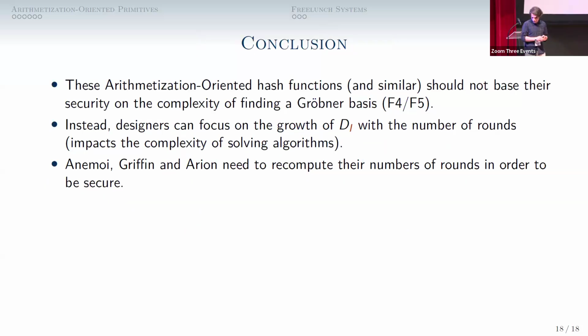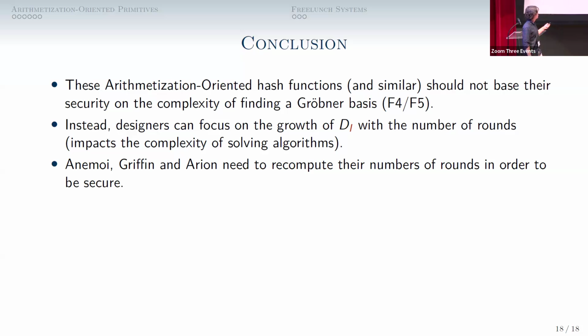Now, to conclude, we showed that these arithmetization-oriented hash functions and similar designs in the future should not base their security on the hardness of finding Gröbner bases, as I think we've shown. Instead, we encourage designers to really focus on the growth of this quantity di, which is the degree of the ideal, because all of the solving algorithms depend on this in one way or another, in a way that's very tight.